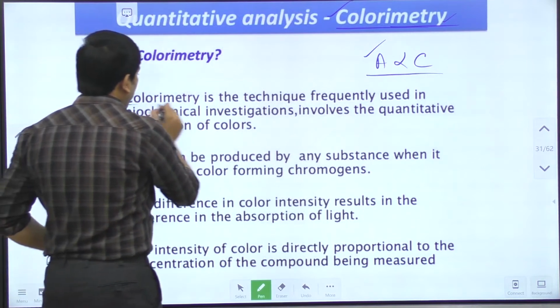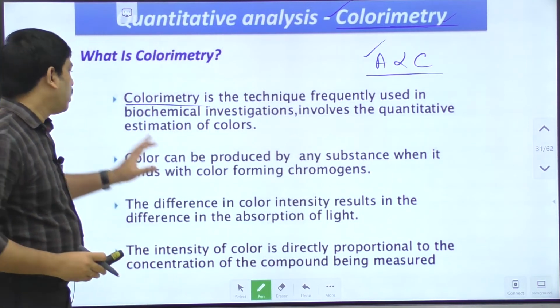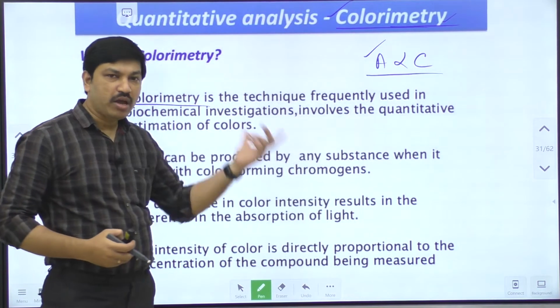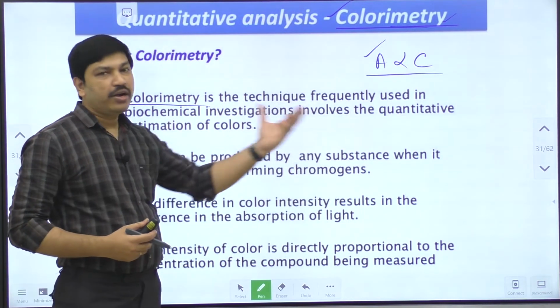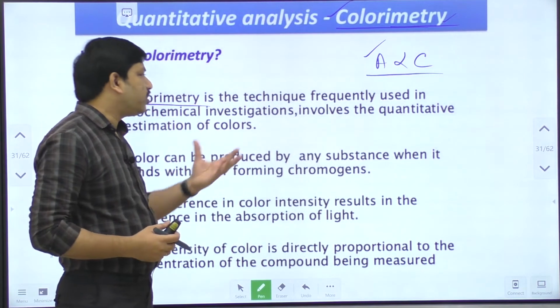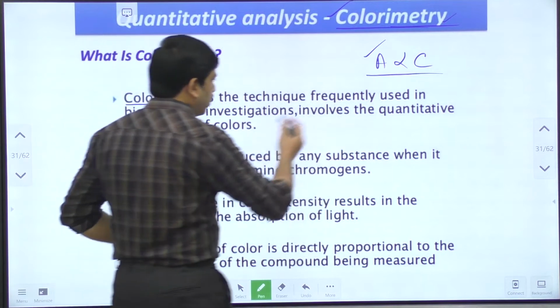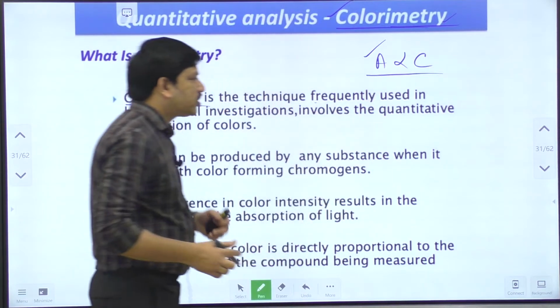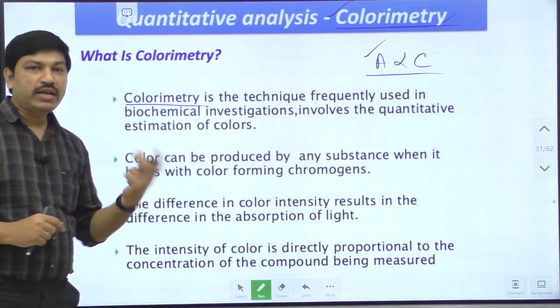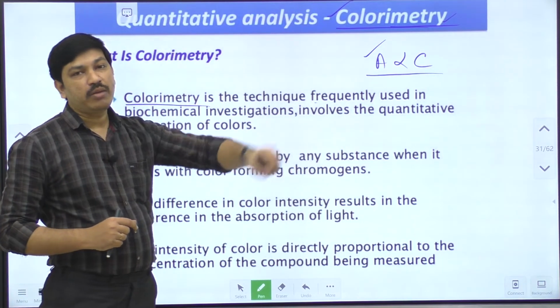And this technique is widely used in the biochemical industry. Biotechnology, bioinformatics, bio-related labs, the food industry or other food related industries, or cosmetic industries use this kind of technique to understand the concentration of color pigments.